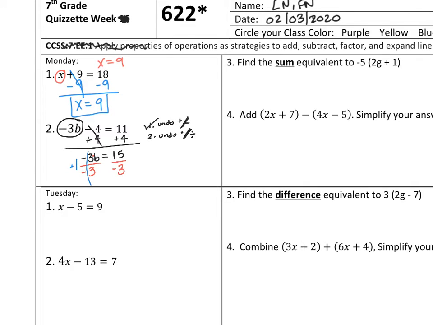So that you end up getting positive 1b as a term. But the same thing as writing 1b is just b. So now I have b equals, negative 3 goes into 15 negative 5 times. So my answer, my mystery number, is actually negative 5. So if you can't see that, I'm going to rewrite it right here. B equals negative 5.